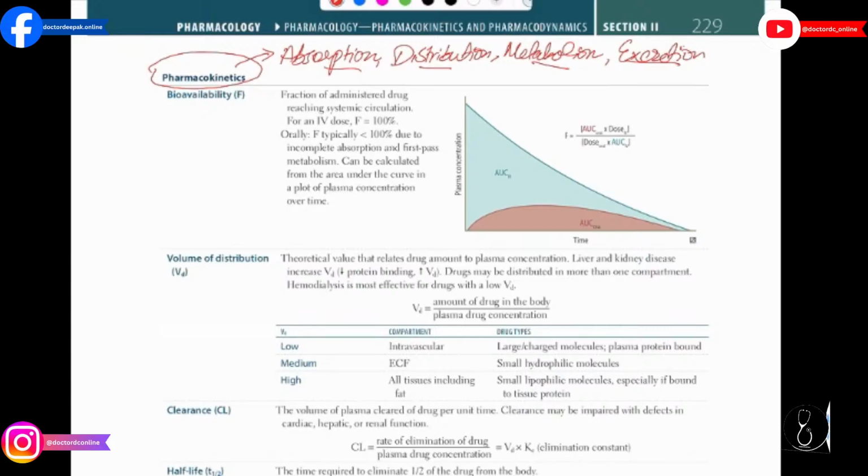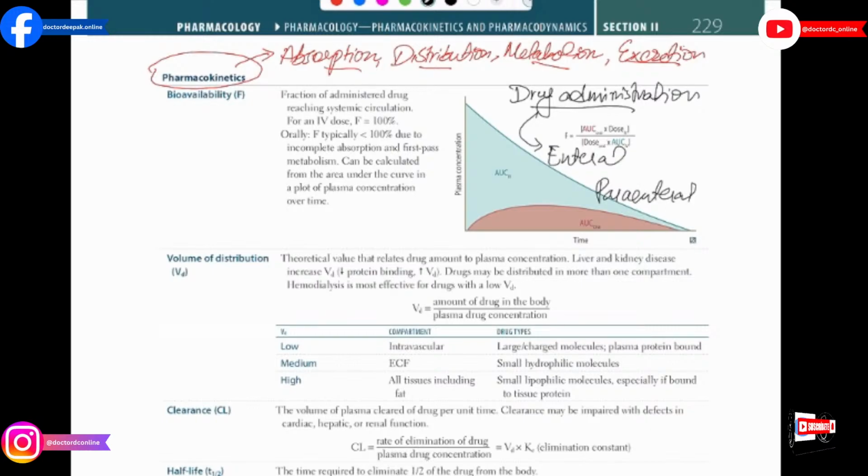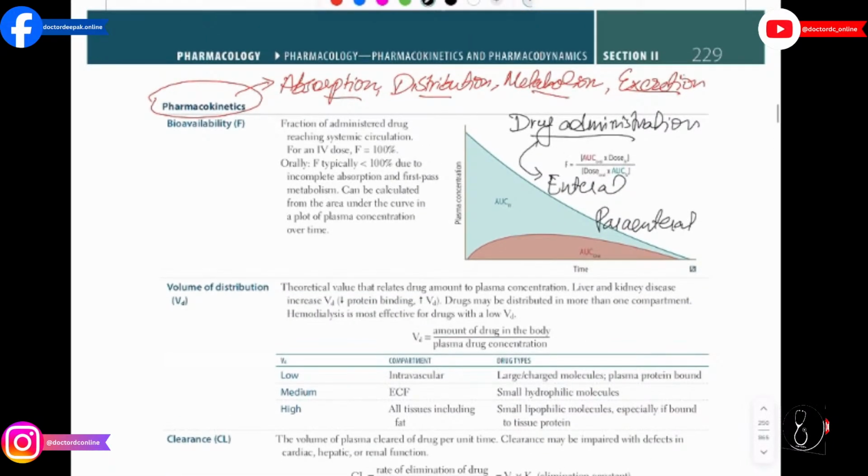But before we start bioavailability, first I want to discuss the routes and how the drug can be administered. The drugs can be administered by enteral route, parenteral route, and other routes.